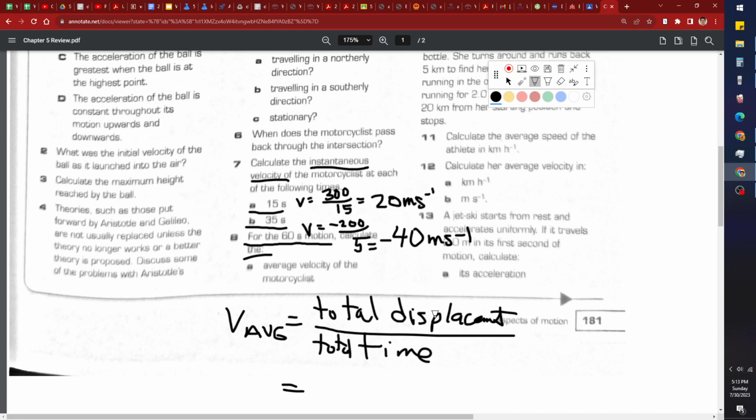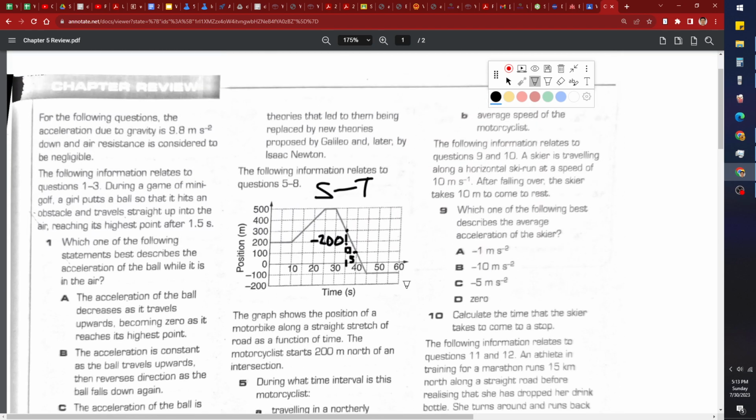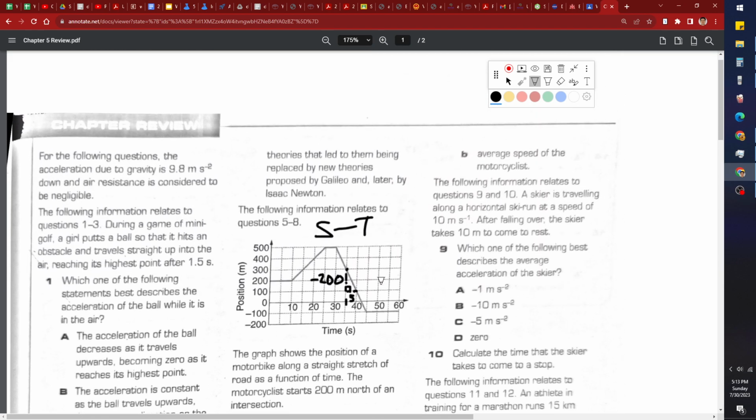How do we get total displacement? Well, we go back to the chart. We look at where we started, and at 0 time we were already at 200 meters. And then 60 seconds means here. Now we look at that difference.